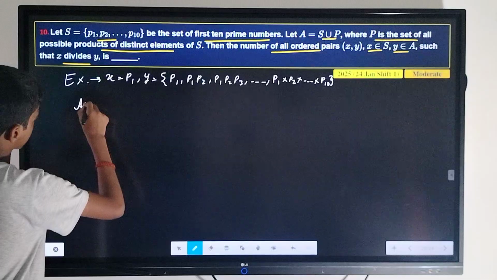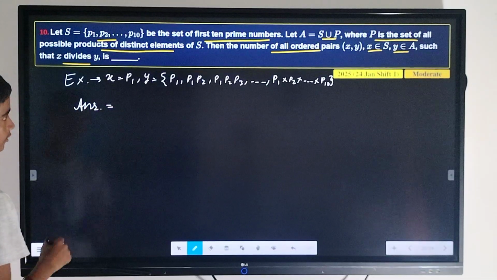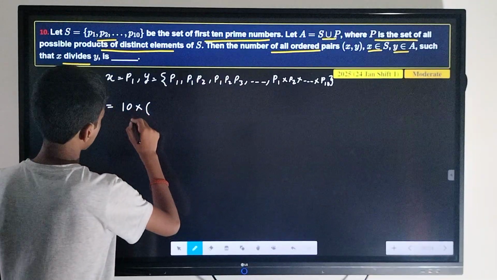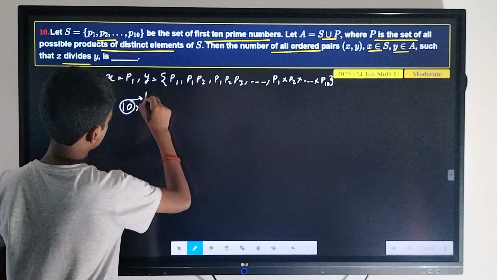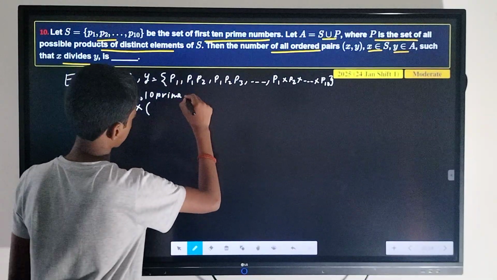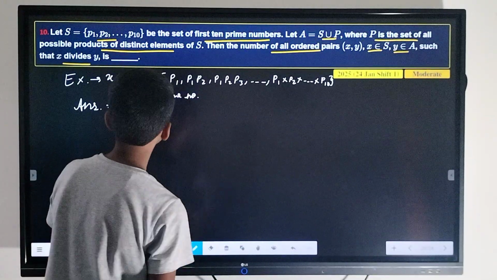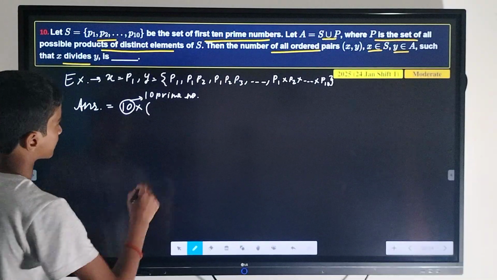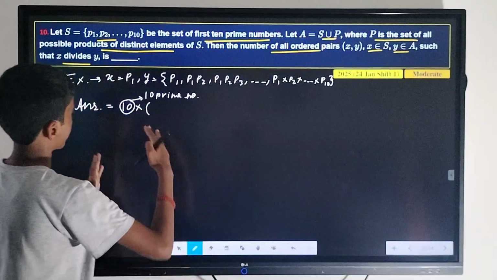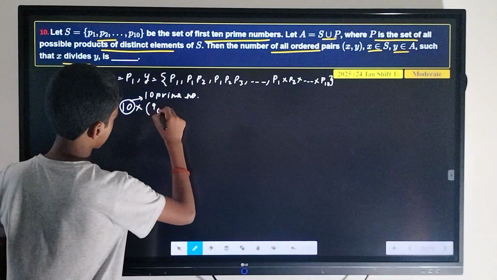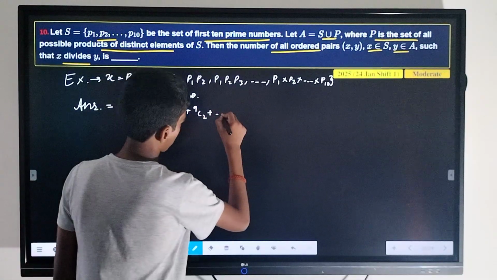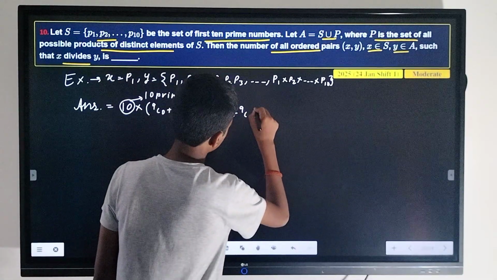So from here our required number of pairs, which is our answer, is equal to 10 times. We have written 10 because there are 10 prime numbers, multiplied by, if we take P1 necessarily, we will take that number necessarily, so 9C0 plus 9C1 plus 9C2 dot dot dot till 9C9.